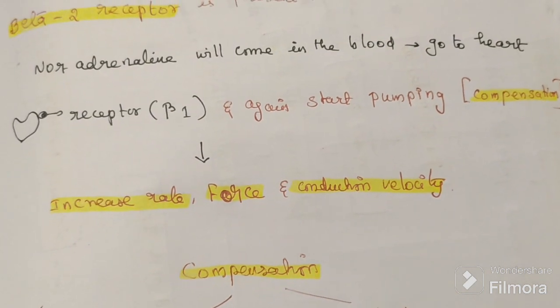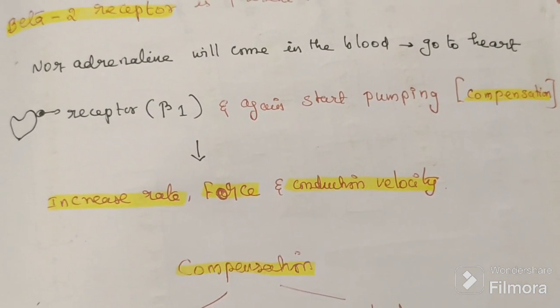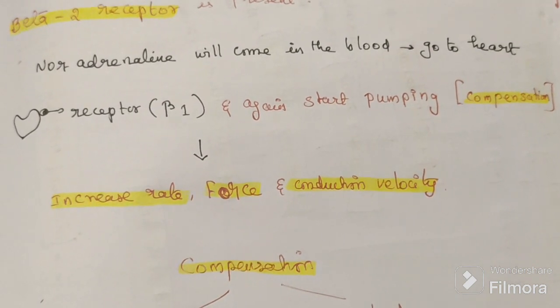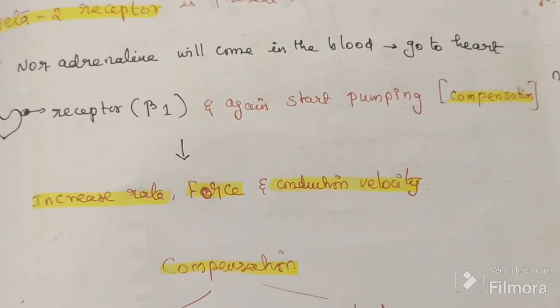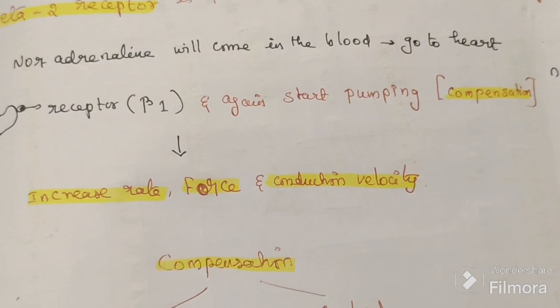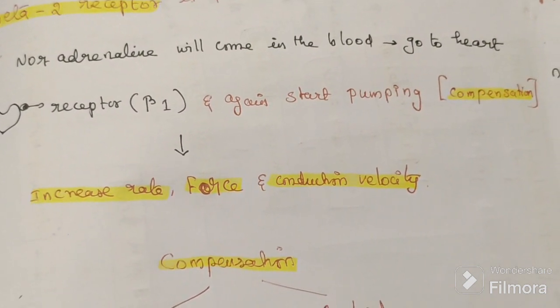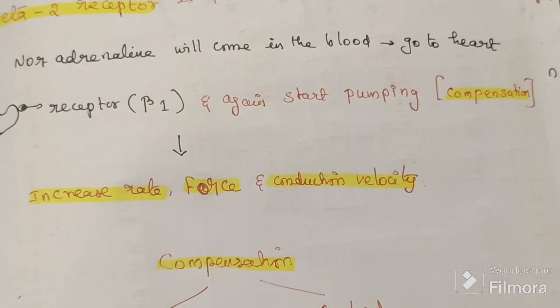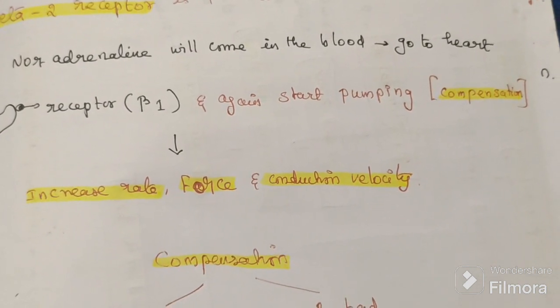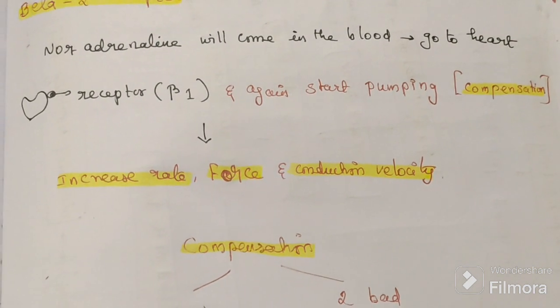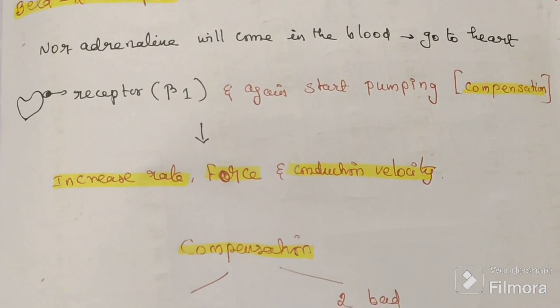Whenever the heart is not pumping, sympathetic stimulation automatically takes place. Noradrenaline will come in the blood and act on the beta 1 receptors on the wall of the left ventricle, and it increases the contractility.